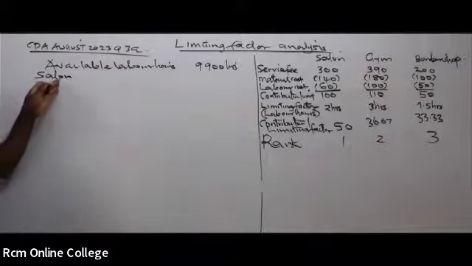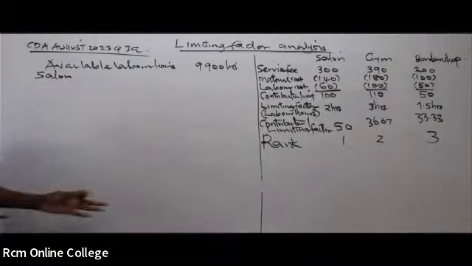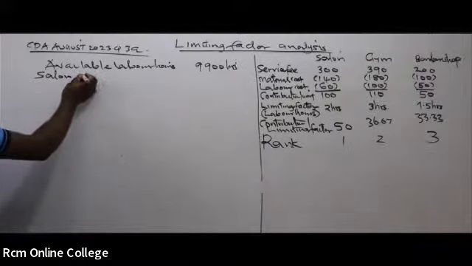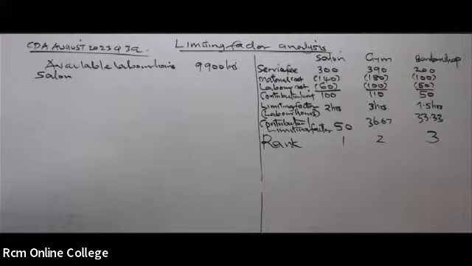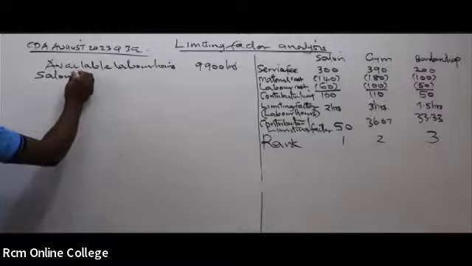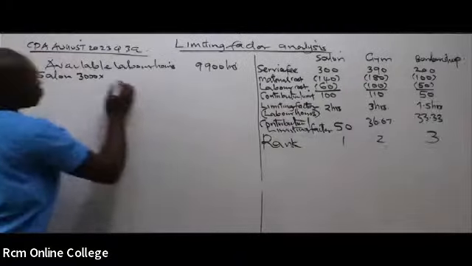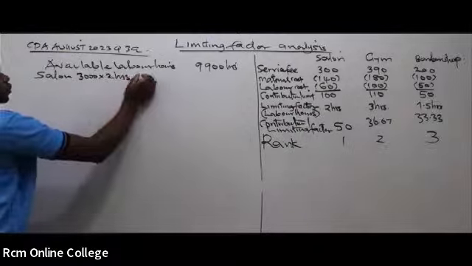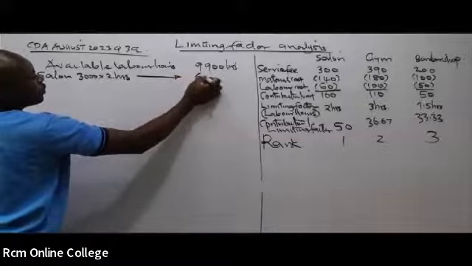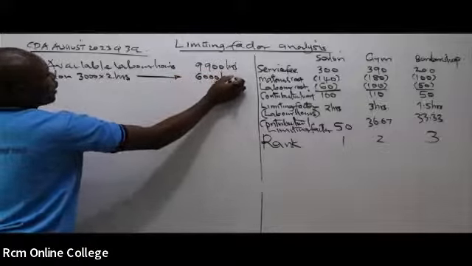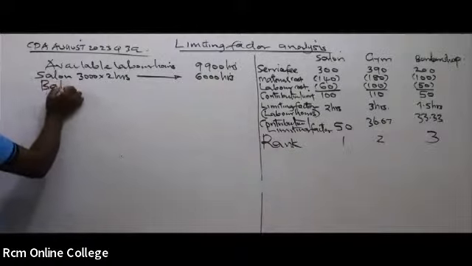So I'll serve all the clients in the salon, which as per information number 2, we had 3,000. 3,000 clients are to be served in the salon, and each client uses 2 hours. That gives us a total of 6,000 hours.